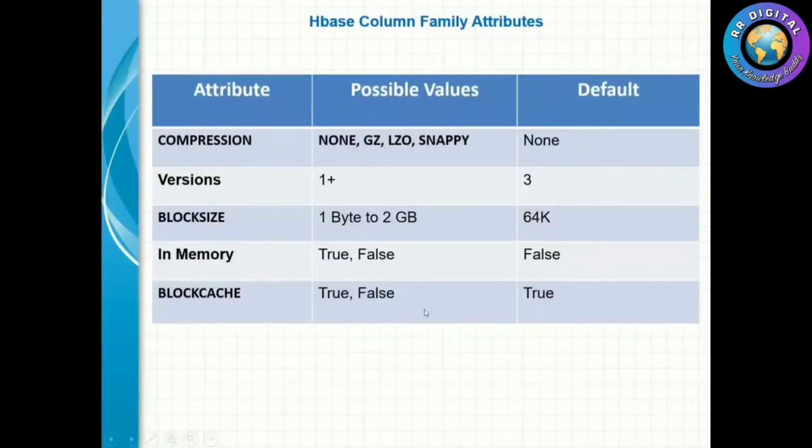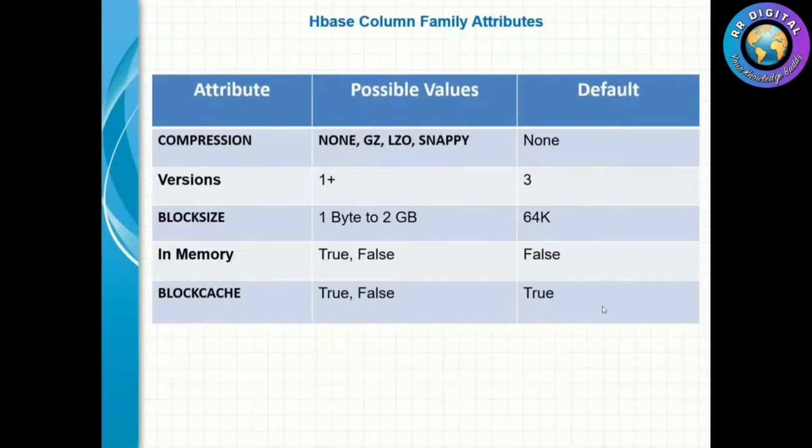Block cache true false, by default true. Okay, so whenever we need, then we can enable this true or false. If the in memory concept is required, then you can make it true. And block cache, anyway, we need not do anything, by default it is true. Versions, while creating a table, we have to specify.